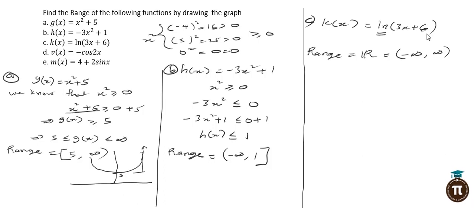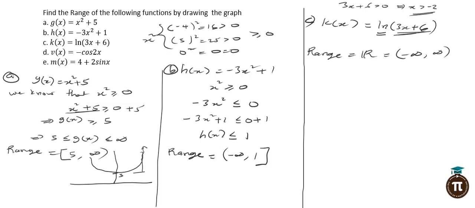And again, we are looking for the range here, but if I want to remind you of the domain, don't forget I told you that in the domain, what is after the argument of the ln must be greater than 0. That means 3x plus 6 must be greater than 0, and if we solve this inequality, you will get x to be greater than minus 2.